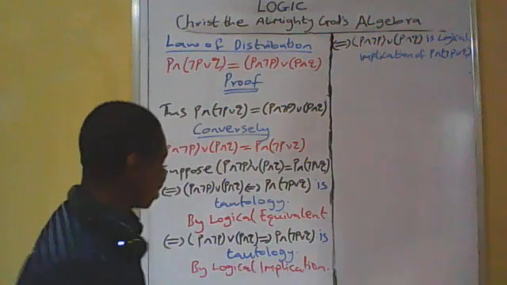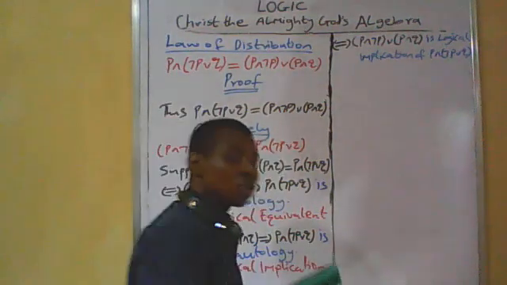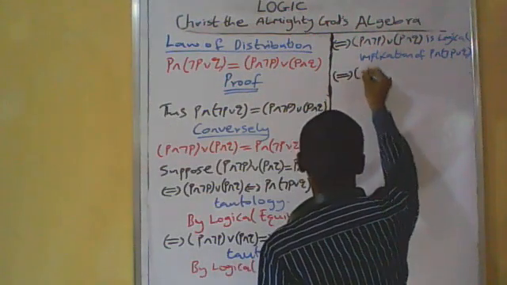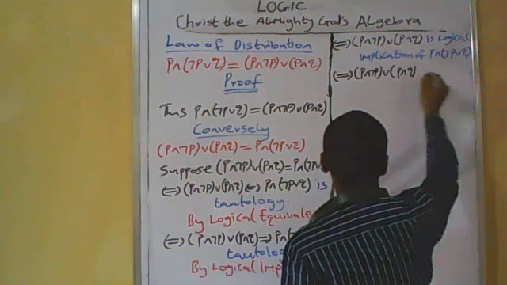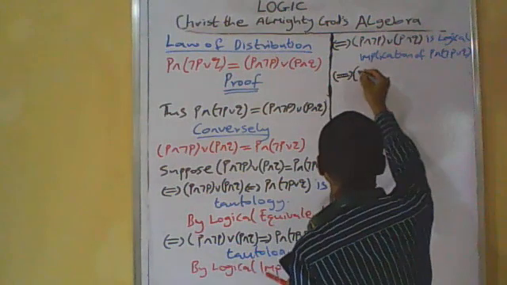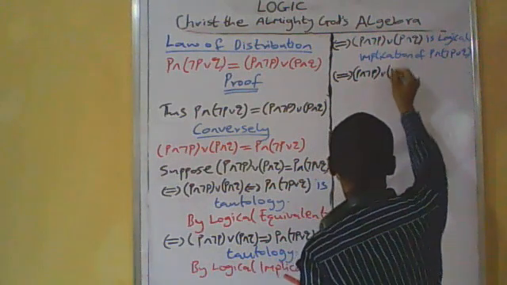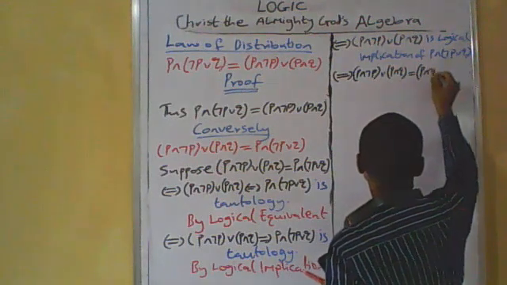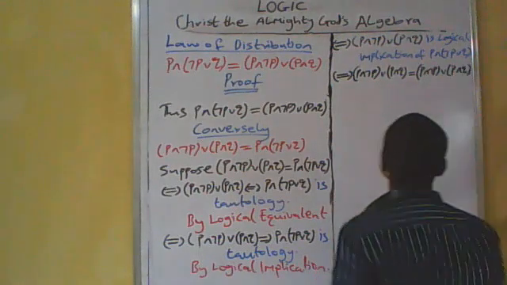So we have now derived that the antecedent is a logical implication of the consequent. If that is true, this must also be true: (P and not P) or (P and Q) is equal to (P and not P) or (P and Q).